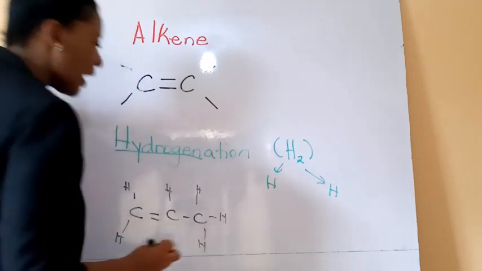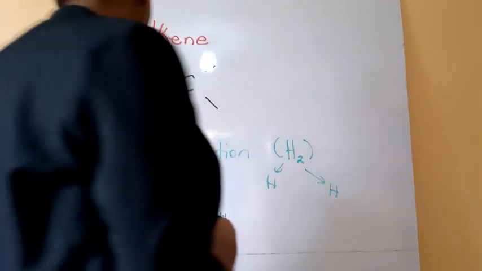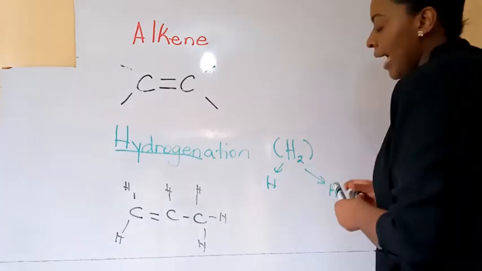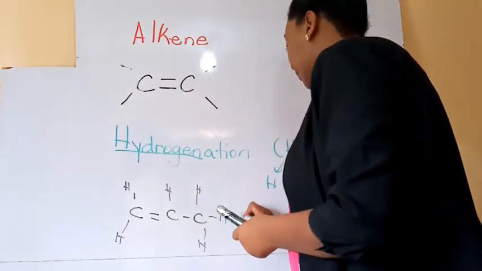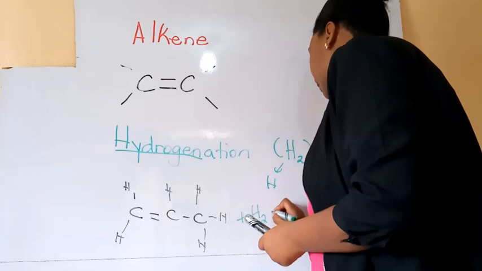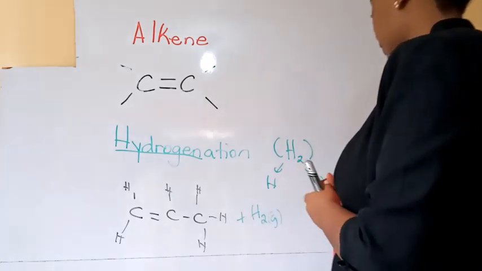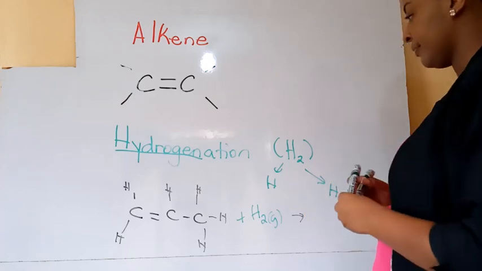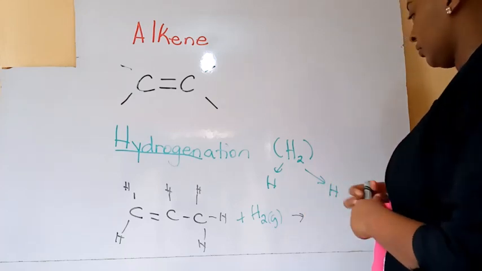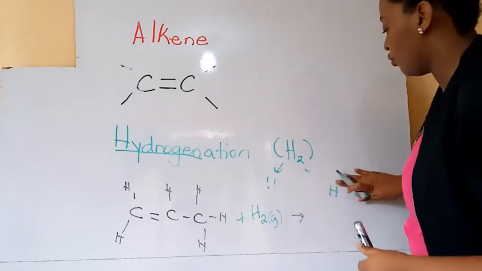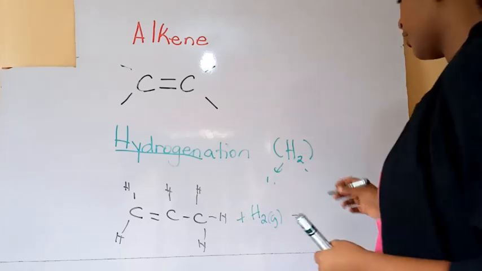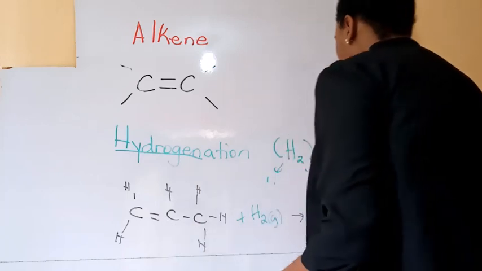And in this addition reaction, again, we are going to break this double bond and we are going to add hydrogen across the double bond. So this is what we have. We draw back what we have left before, removing the double bond.